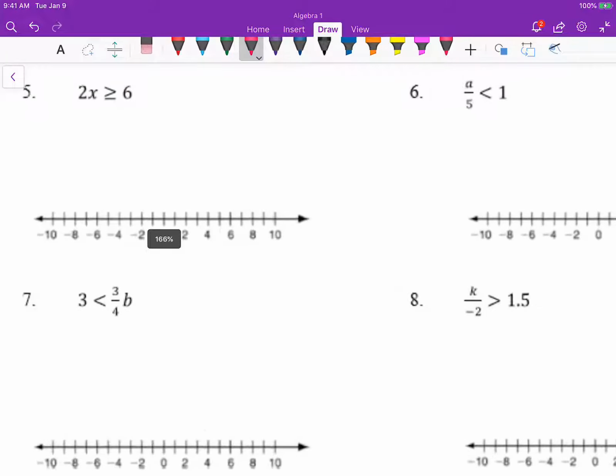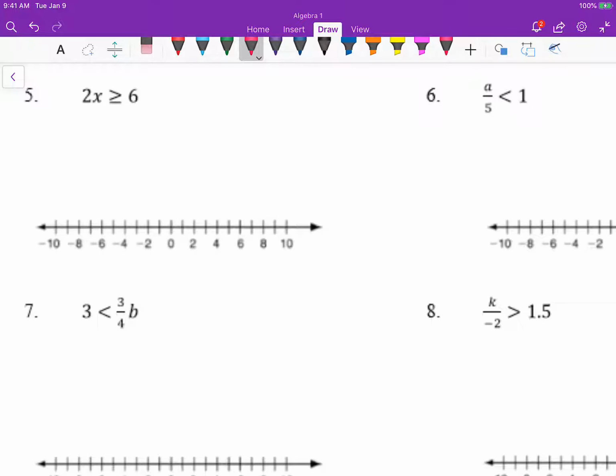From there, number 5, we are going to work to get letter X by itself here. This one, we're moving from addition and subtraction. The 2 is smushed next to X, which means it's being multiplied. We work to get X alone by dividing by 2 on both sides. And we've got X, our symbol is greater than or equal to, and then 6 divided by 2 is 3.